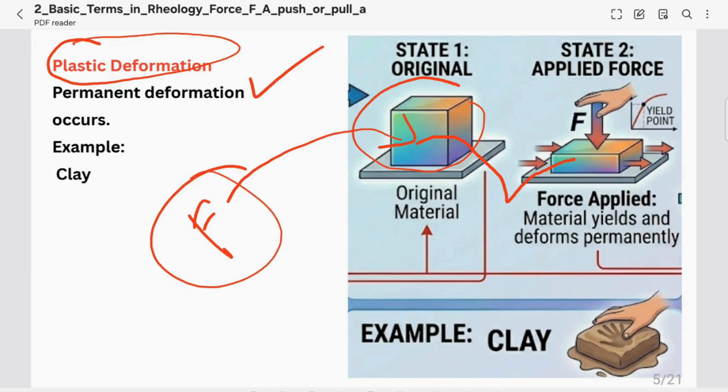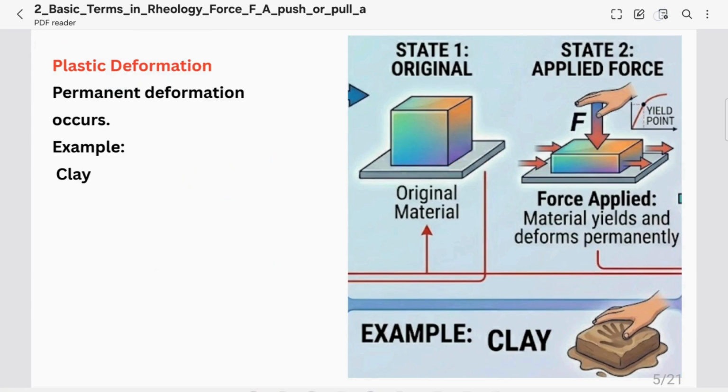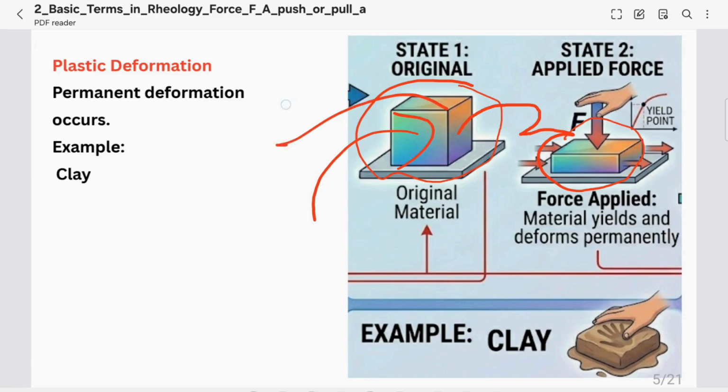That is called plastic deformation. Here we can see the material; when we apply the force, it changes its shape and size, but when the force is removed, it does not come back to its original shape and size. The best example is clay.